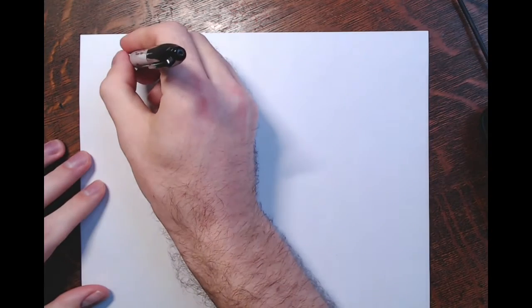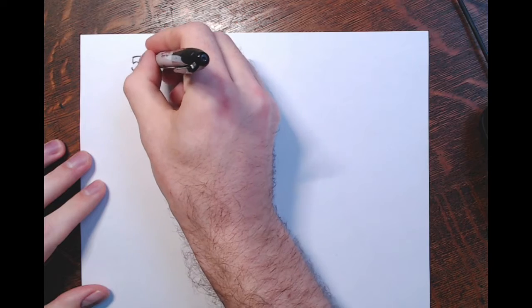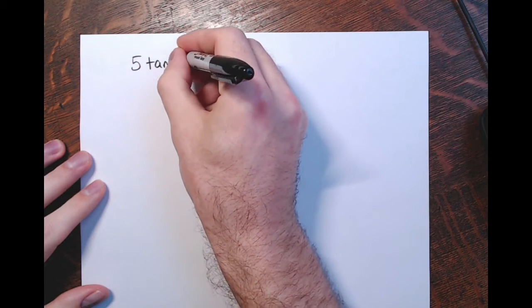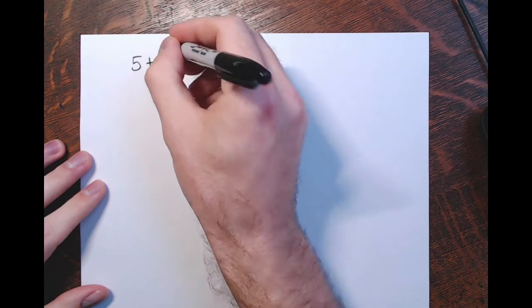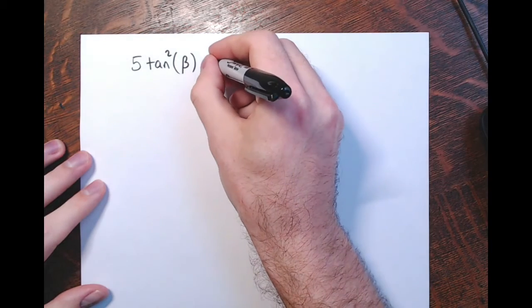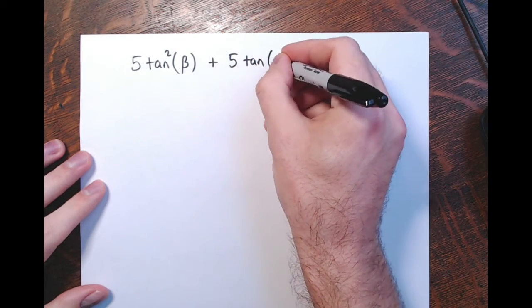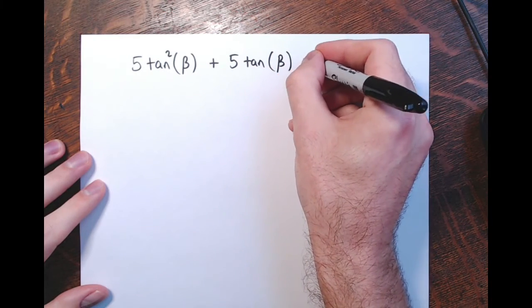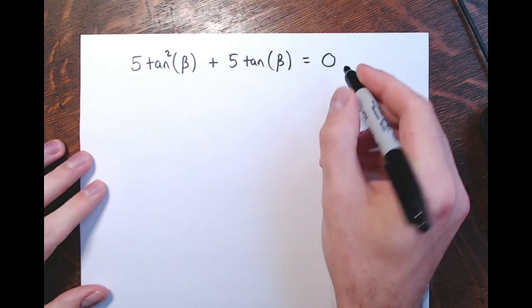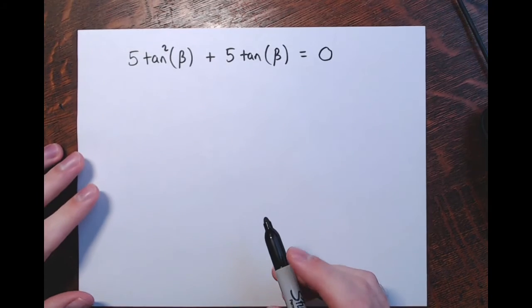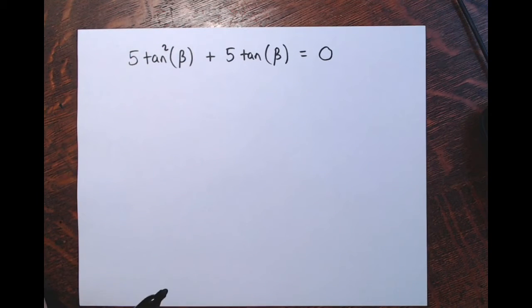Again, we have this equation: 5 times the tangent of beta squared plus 5 times the tangent of beta, and it's already set up the way I want, with everything on one side and zero on the other.